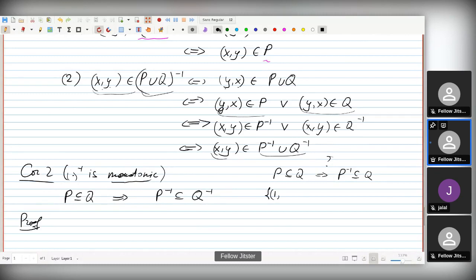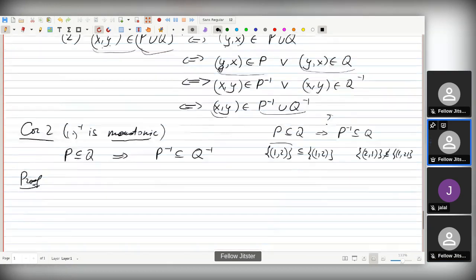Assume that we have a pair 1, 2, which comprises our relation P. So P consists of one pair. Clearly, this is true, but this is not true. Is it clear? Yes, clear. So we should reorder elements in both P and Q.